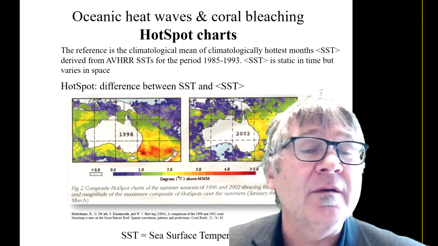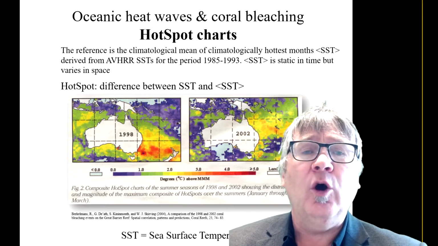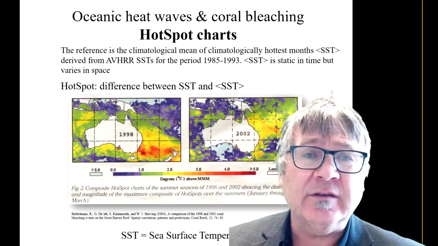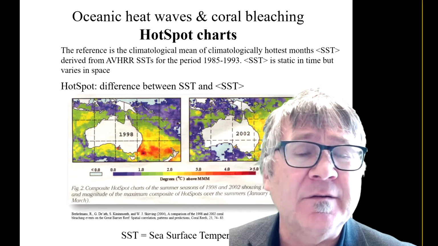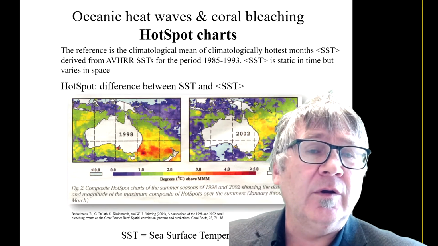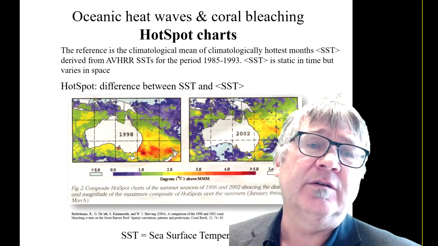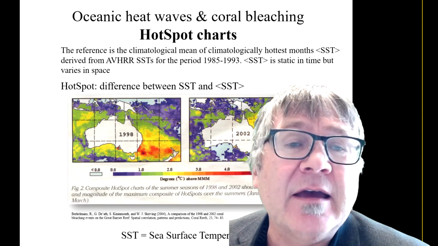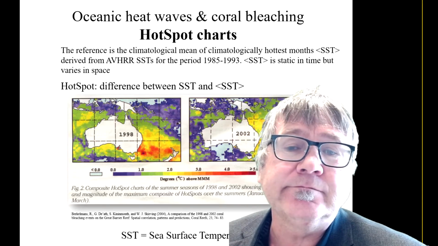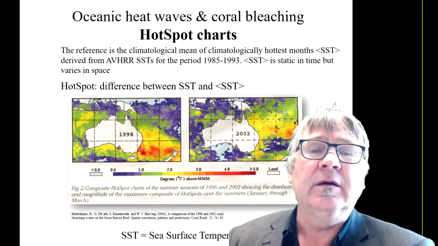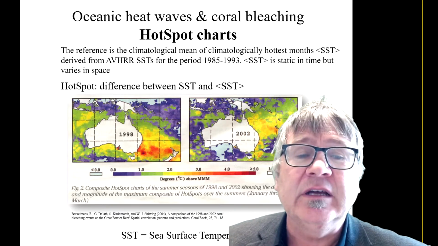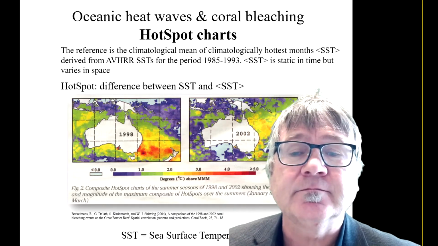One factor is how much warmer the surface ocean was compared to the average, or to the warmest months that we had in the past. And this is what we call hotspot charts.